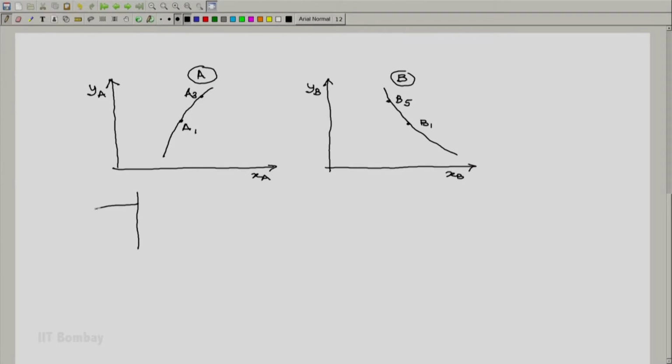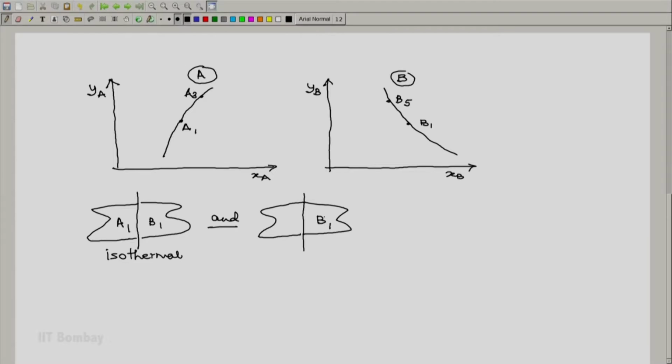What we mean is the following: if system A in its state A1 and system B in its state B1 are isothermal, with no heat transfer across a diathermic wall, and system B in its state B1 and system A in its state A3 are also isothermal, then this implies that system A in its state A1 and a replica of system A in its state A3 are also isothermal.